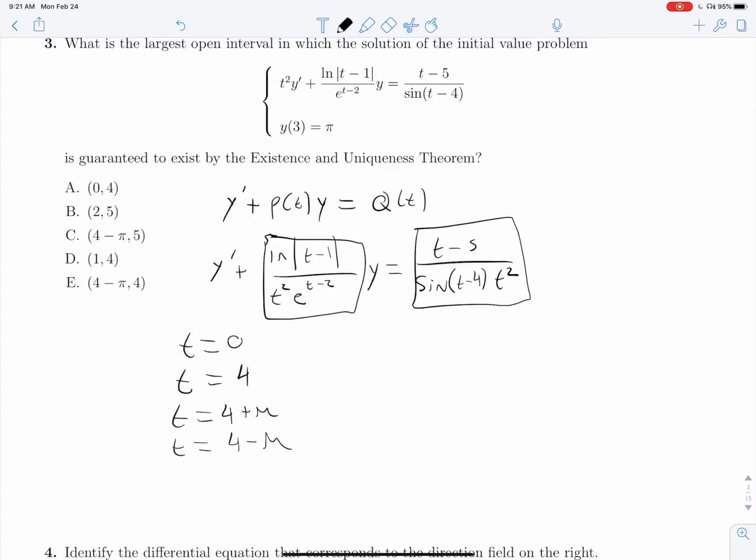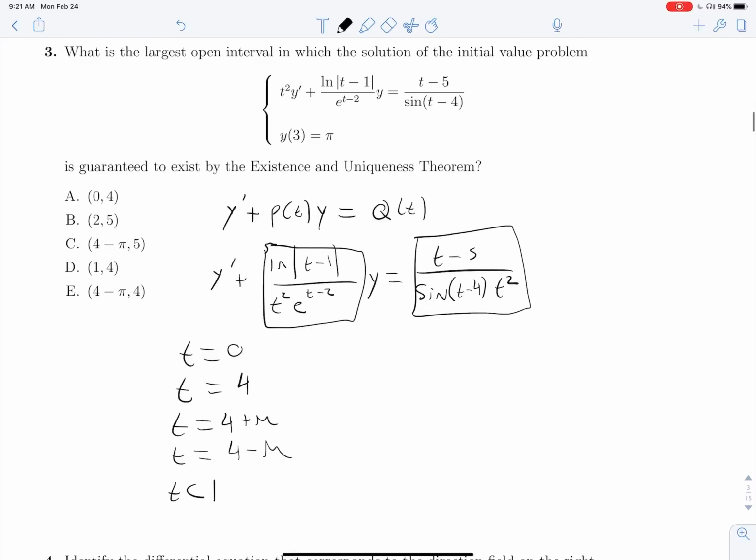So that is undefined for t less than or equal to 1. So looking at our initial condition, y at 3 is equal to pi, we're looking for the largest rectangle that we can draw around 3 without hitting any of these no good values.